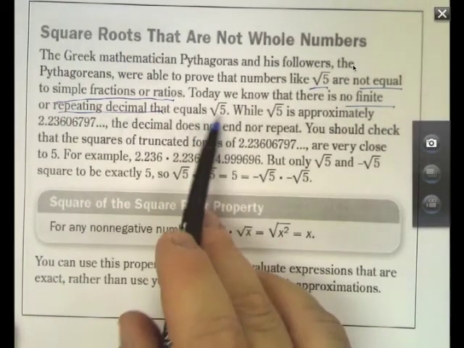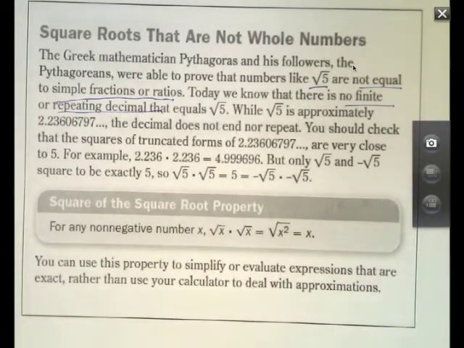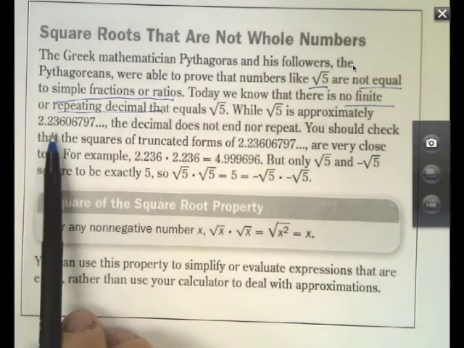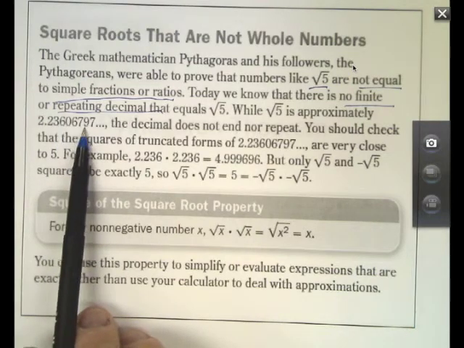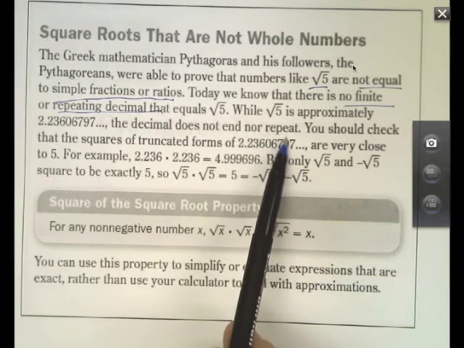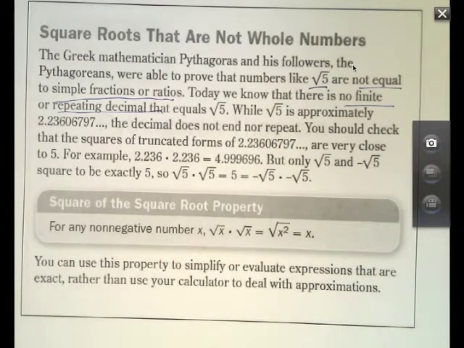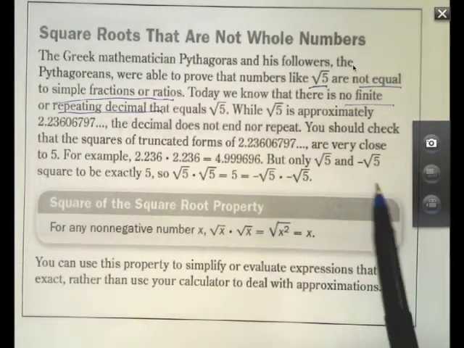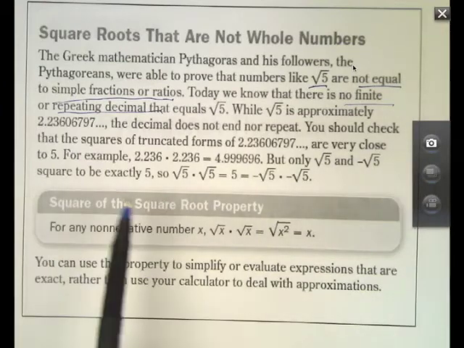Today we know that there is no finite or repeating decimal that equals the square root of 5. So that means 3/4 is not going to equal the square root of 5 or whatever fraction that's very, very close to that number. We can't get an exact answer. While the square root of 5 is approximately 2.23606,797, the decimal does not end nor repeat.